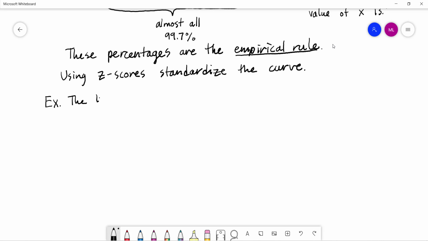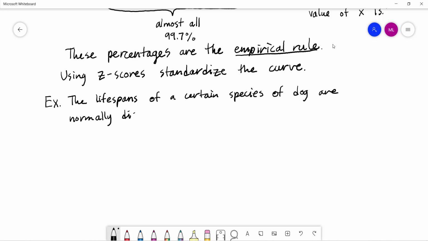So let's say the lifespans of some certain species of dog are normally distributed. And let's say that the average lifespan is 14 years. In fact, let's make it slightly different with a mean of 14.2 years.